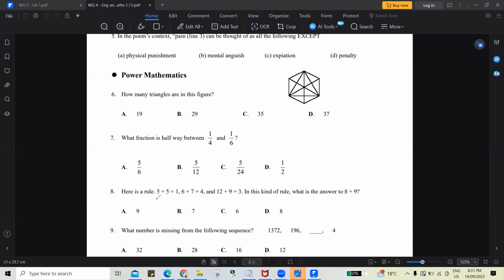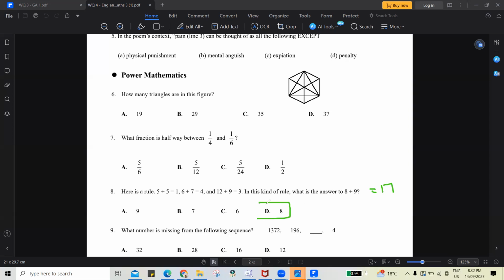Now try this one. This is like a brain question, you're thinking. 5 plus 5 is 1. 6 plus 7 is 4. 12 plus 9 is 3. That one is easy. What is the answer? The answer should be something plus something minus 9. So 8 plus 9 equals 17. 8? Yeah, 8.